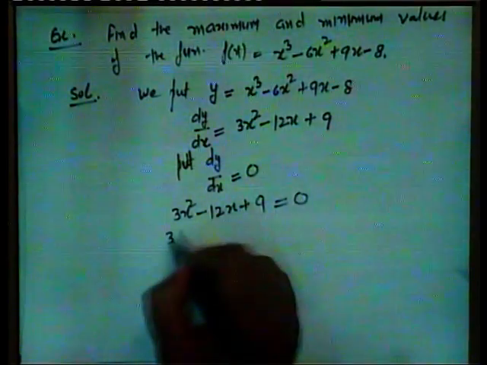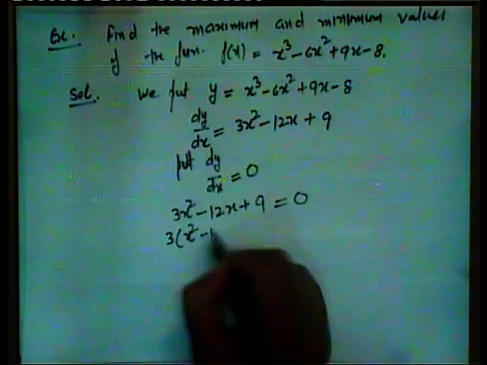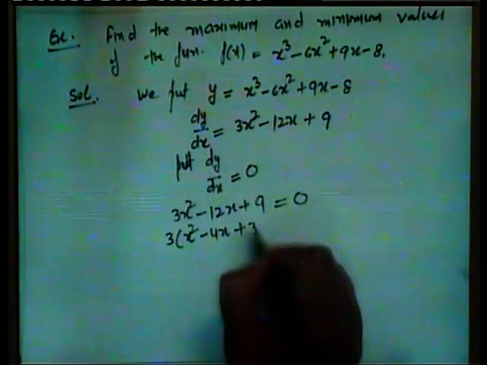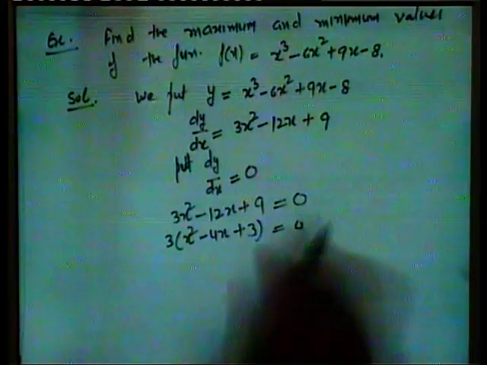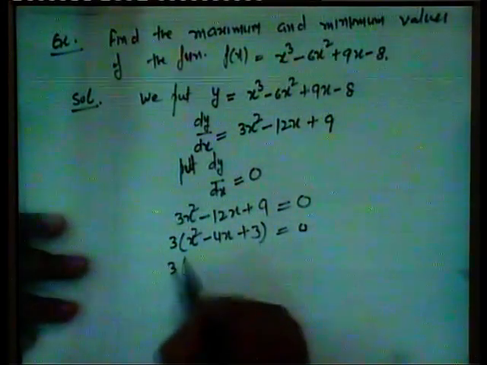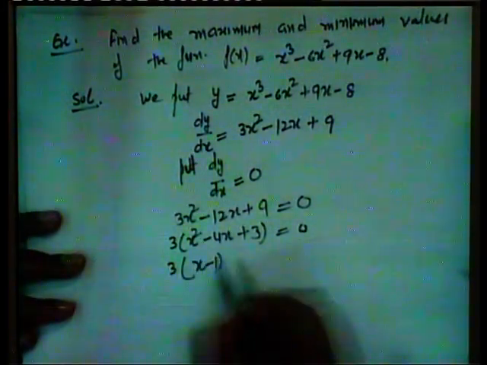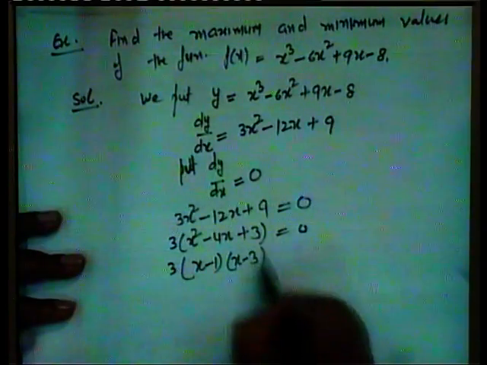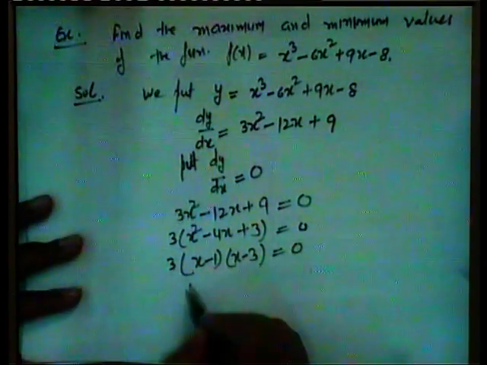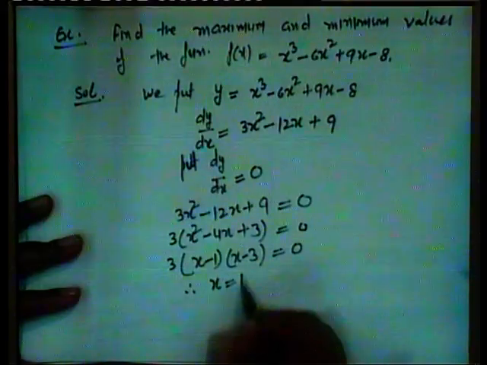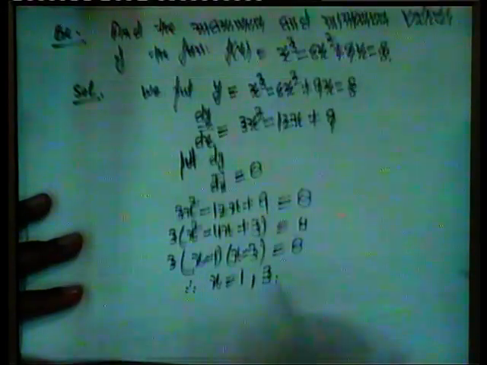Taking 3 common, x square minus 4x plus 3 is 0. Now, factorizing this, (x minus 1)(x minus 3) is 0. Therefore, x is equal to 1 and 3.